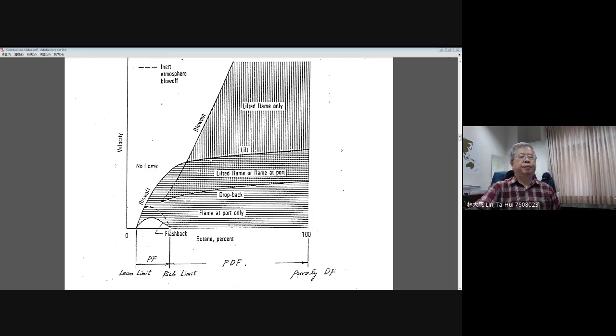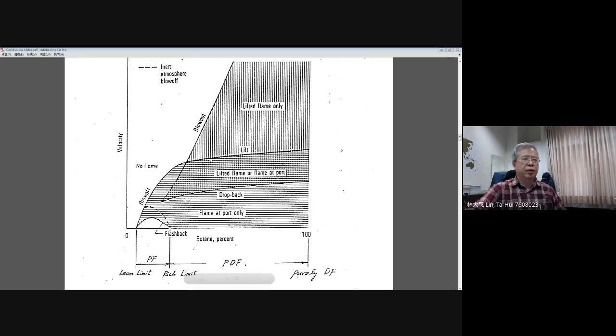Okay, now look at this plot. Actually, we try to find a limiting condition for the premixed flame and for the diffusion flame. The premixed flame exists here, right? Very close to zero, because the butane percentage means that they premix a certain amount of air.